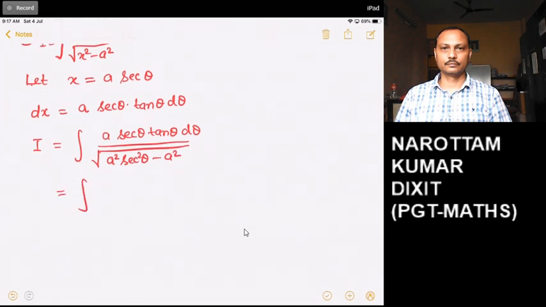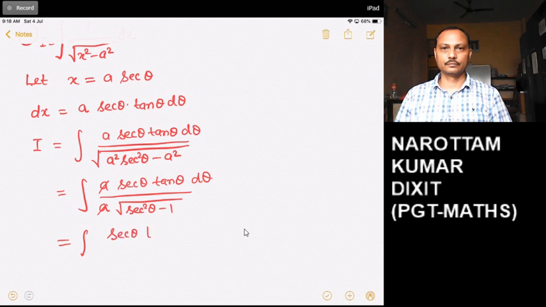Here a square is common, and if we take a square outside the square root, it will remain only a. Within the square root we have sec square theta minus 1, and you know sec square theta minus 1 is tan square theta. Here a cancels out, so sec theta into tan theta is divided by square root of tan square theta.